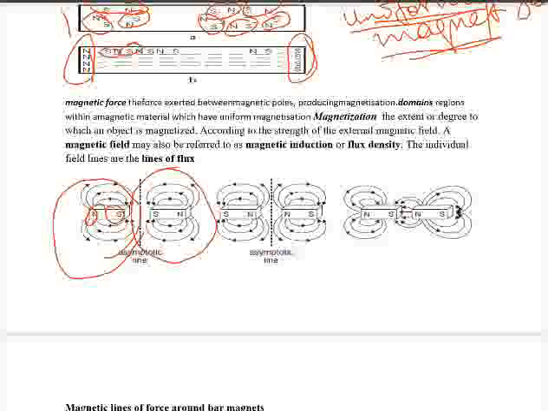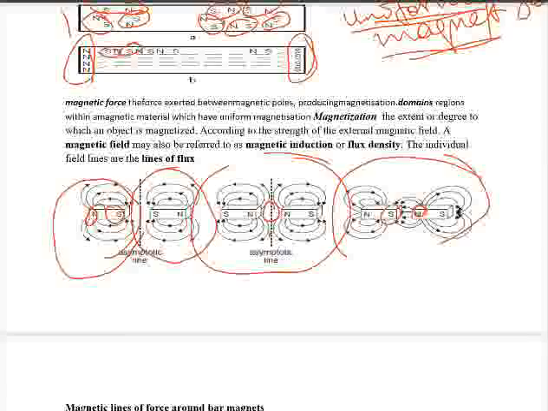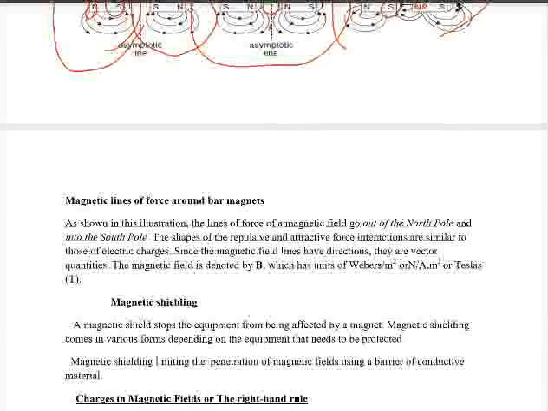But if you put north and north, that means like poles, there is a repulsive force. This repulsive force makes them not touch each other. The field lines of this north and this north do not touch each other. That means they have what? A free space. But if it is unlike poles, north and south, the field lines are connected and go out from north and in into what? The southern. Therefore, this is the diagram for magnetic field lines.